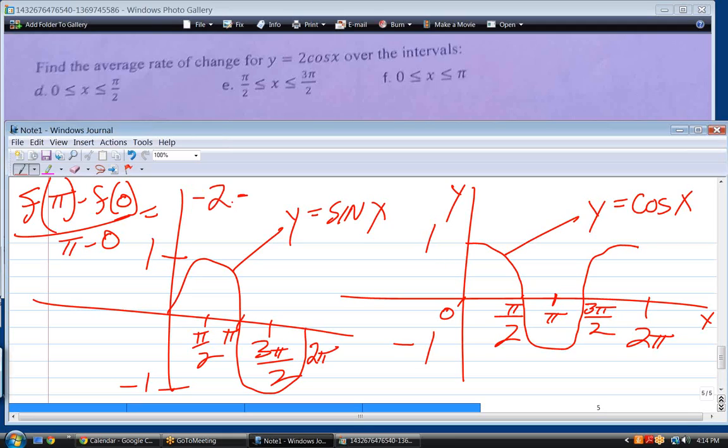What is f of 0? 2. All over pi. So this answer is what? Negative 2 minus 2 over pi becomes what? Negative 4 over pi. That's the average rate of change.